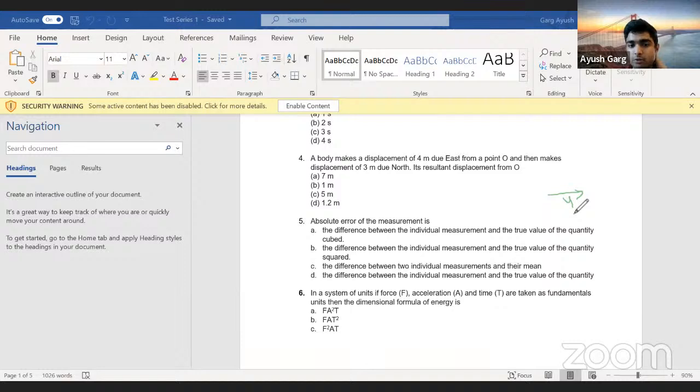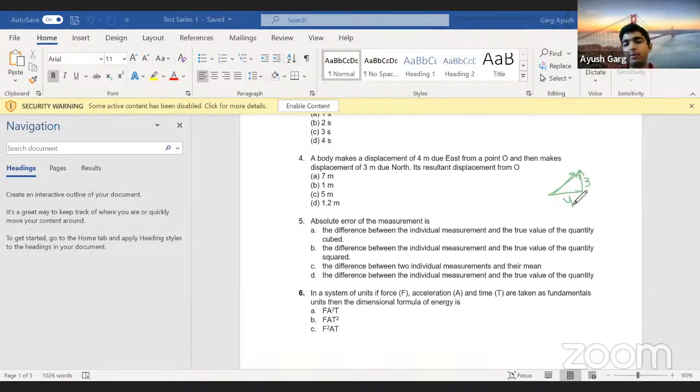And after doing that 4 meters, it makes a displacement of 3 meters due north. So its resultant displacement is going to be this vector, right? Distance covered is going to be 4 plus 3, but displacement is going to be from initial position to final position. So you have to find out this. From childhood, can you remember Pythagoras theorem?